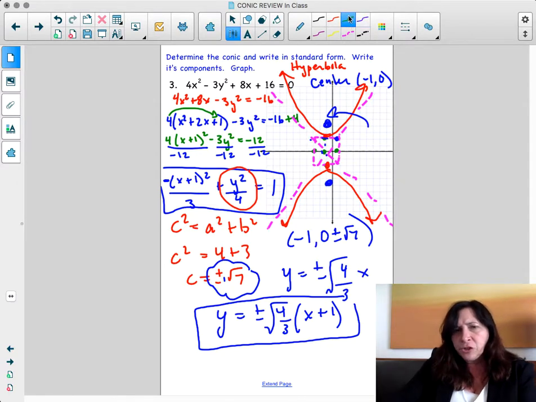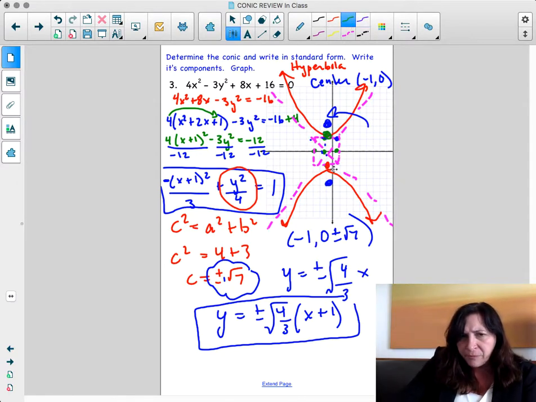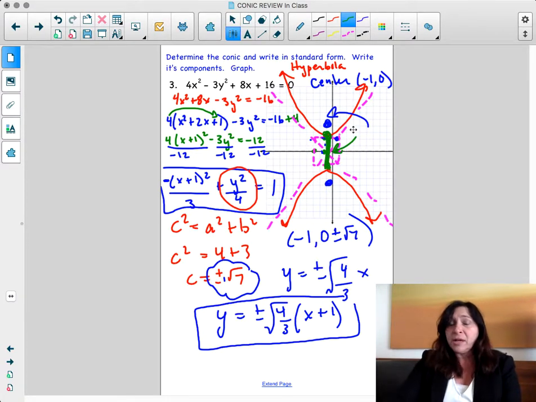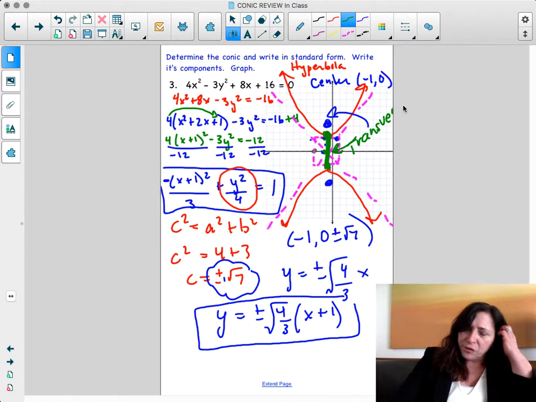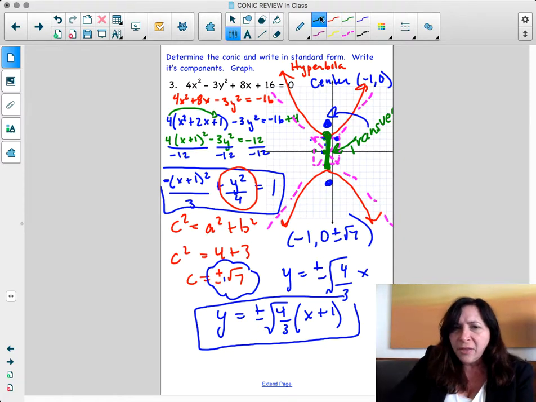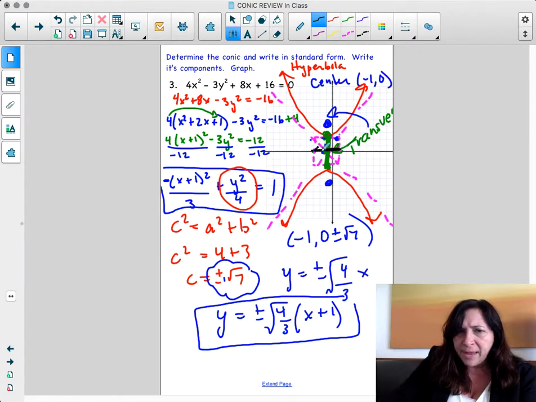A couple more terms. This is my vertex. These are my vertices, okay? 2 vertices. What that means is that the line that connects those 2 vertices right there, and it's always on a hyperbola, it has to connect the vertices. We call that the transverse axis, okay? So that's the transverse axis. The other axis that just kind of hangs out there but isn't really connected to anything is the conjugate axis, okay?